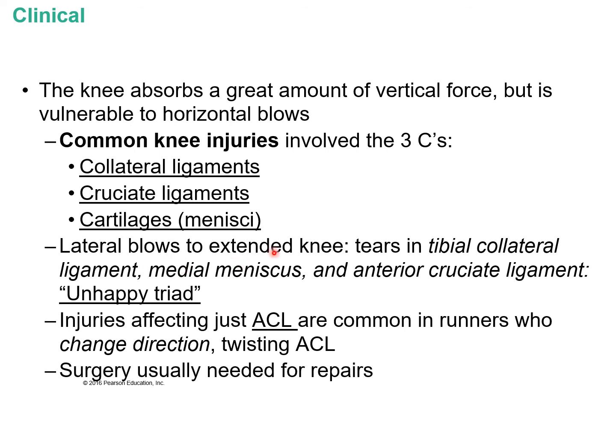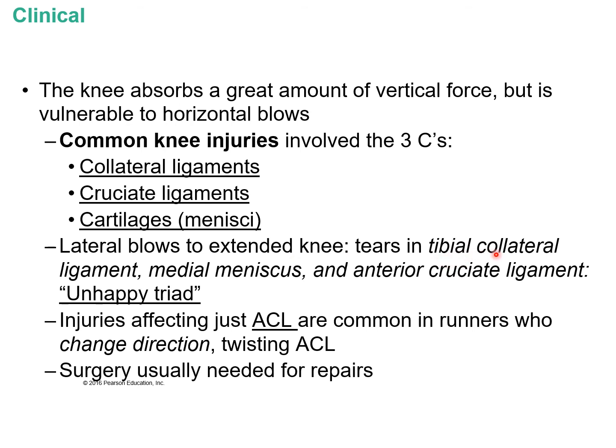So lateral blows to an extended knee result in something called the unhappy triad. So you definitely want to know what this unhappy triad is and how this could happen and what it's going to look like. So unhappy triad, obviously we're talking about 3 parts. So yes, with a lateral blow to an extended knee, you can damage 3 parts.